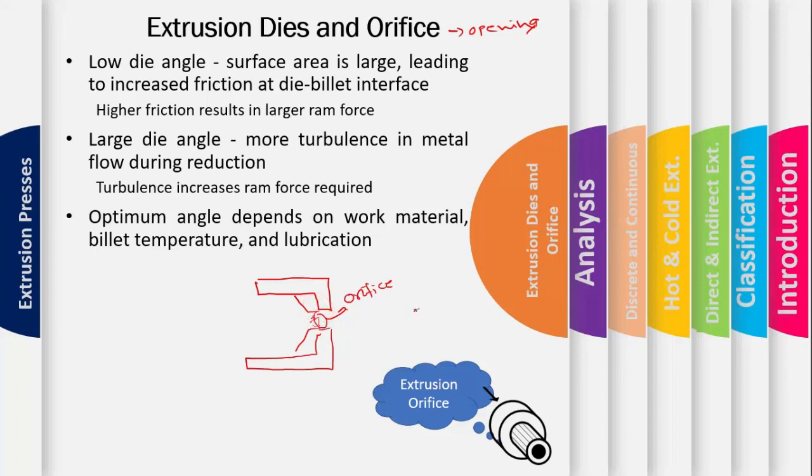So we have a circular part. But we can have different shapes of the orifice as well, based on our desired application and the result we want to achieve in our final product. If we have a different profile than the circular cross section, we have to add a shape factor in our final formula.